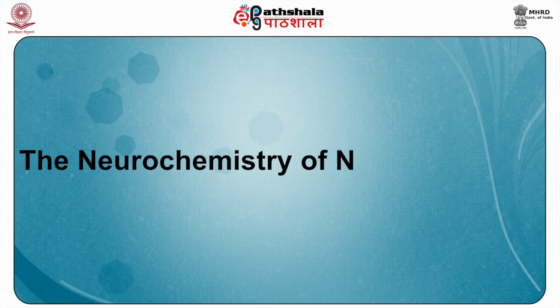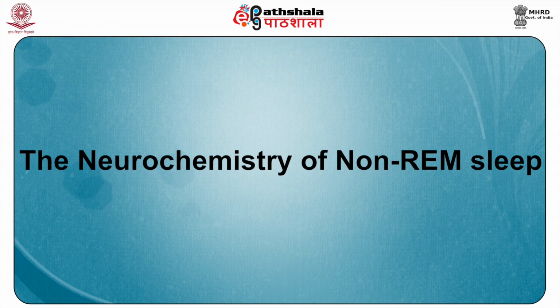The neurochemistry of non-REM sleep. This category includes stimulants such as cocaine and amphetamines. Some drugs to control depression, such as tricyclic antidepressants, also come in this category. Such drugs are related with an increase in the activity of the catecholamines, including epinephrine, norepinephrine and dopamine.